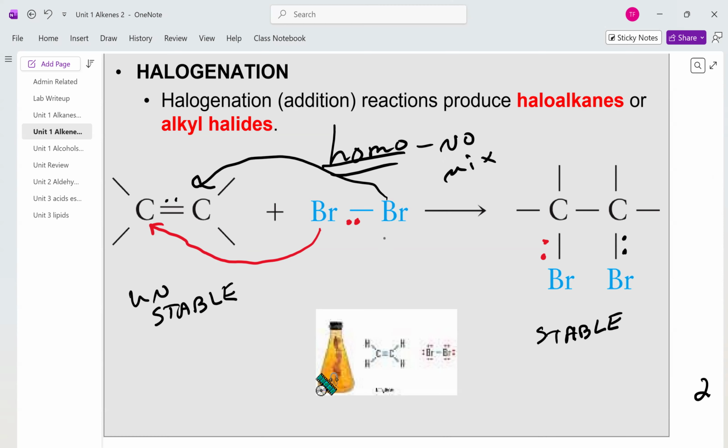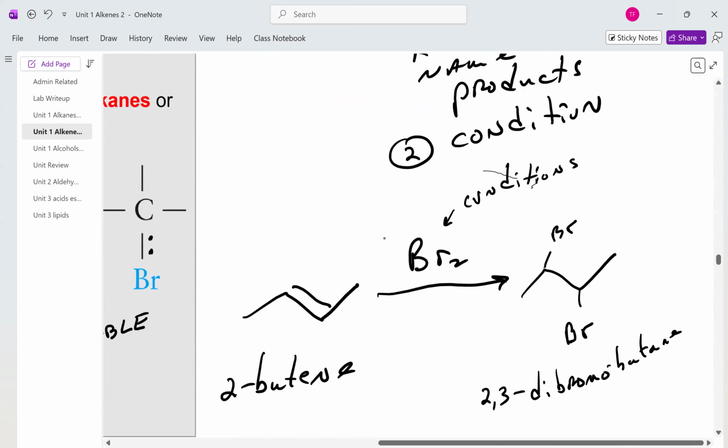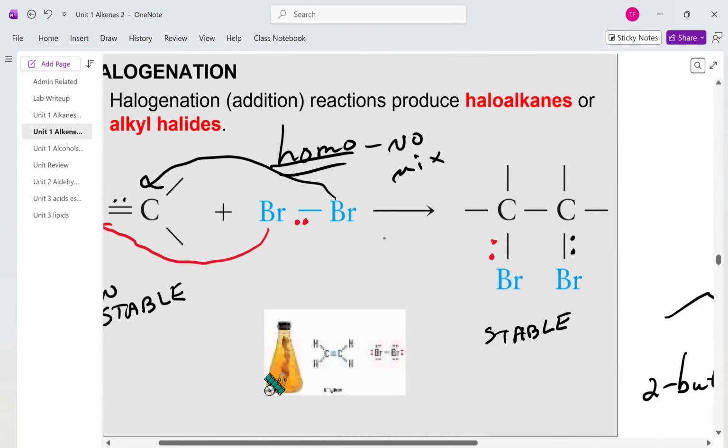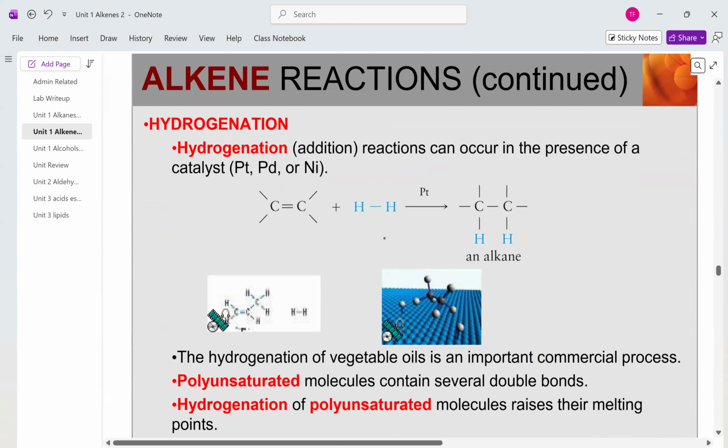Okay, so does this make sense where you're adding Br2, a bromine gas, across a double bond? This is probably the simplest reaction when you're working with homogeneic addends. Okay, so let's go on. Now let's add hydrogen gas to a double bond.